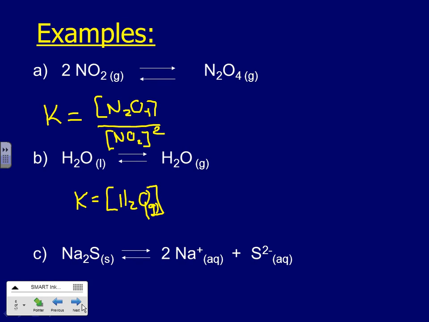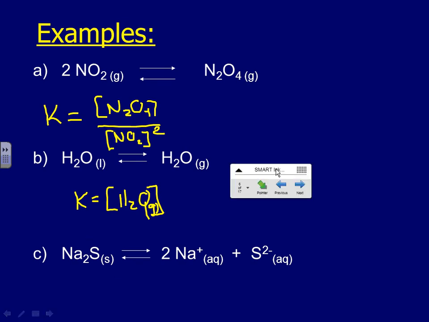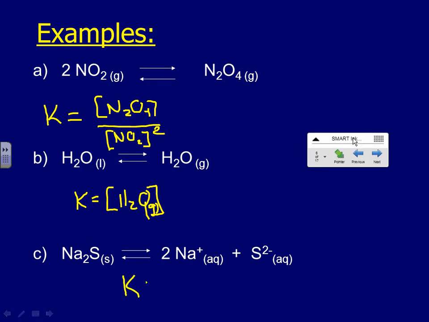And if I have something like this at the bottom as well, so in this case, and this is a dissolving situation, the concentration of Na+, squared, times the concentration of S2-, to the exponent 1. And again, an aqueous situation, the amount that a substance will dissolve has nothing to do with the amount of solid that's sitting at the bottom.